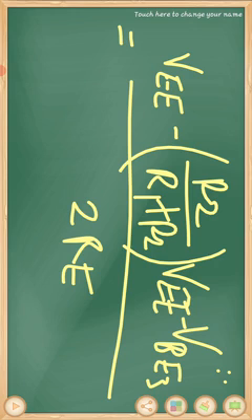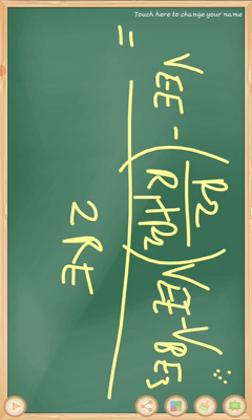Therefore, all the performance equations obtained for the differential amplifier using emitter bias are also valid.